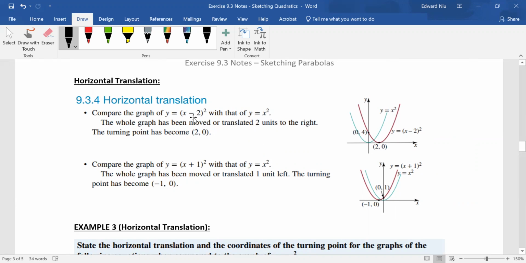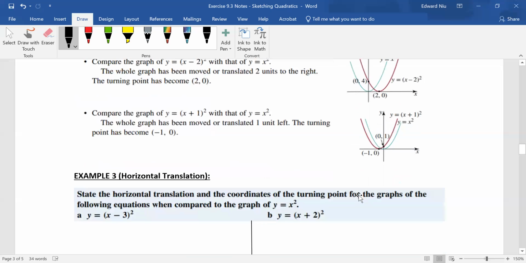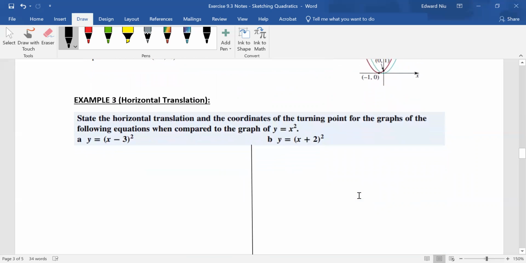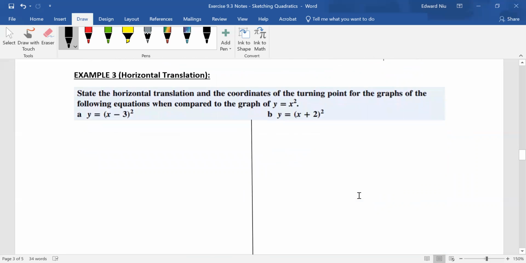So negatives, we move to the right. Positives, we move to the left. And that's going to shift the turning point off the origin. I'll show you the proof in class, but just for simplicity's sake, negatives to the right, positive to the left when we're in this squared bracket situation.